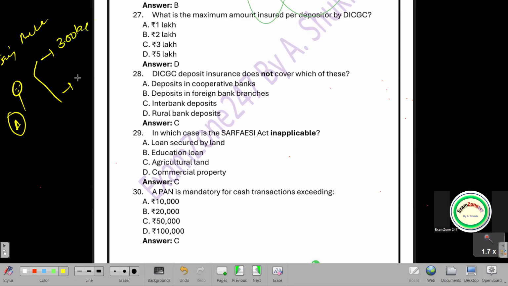In the other account there is a deposit of 7 lakhs. This bank is Bank M, and Bank M has failed. How much amount will Mr. A get from DICGC?